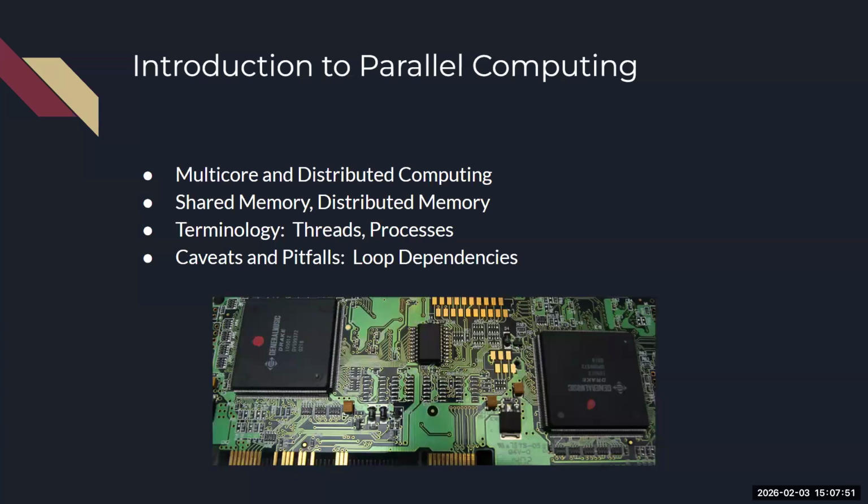There's really two main paradigms in parallel computing. There's multi-core and there's distributed computing. Multi-core computing sometimes gets called shared memory computing, or if you've ever programmed in C, you might see OpenMP, or multi-thread computing. These are all effectively the same thing.